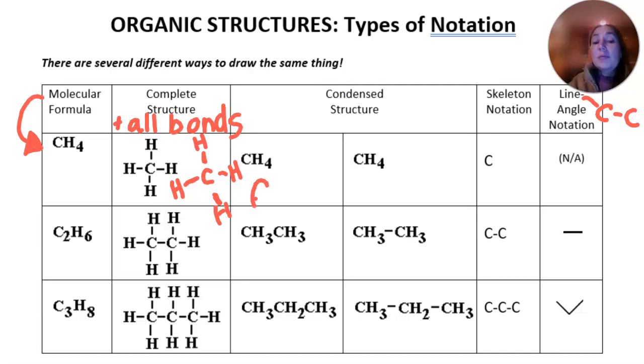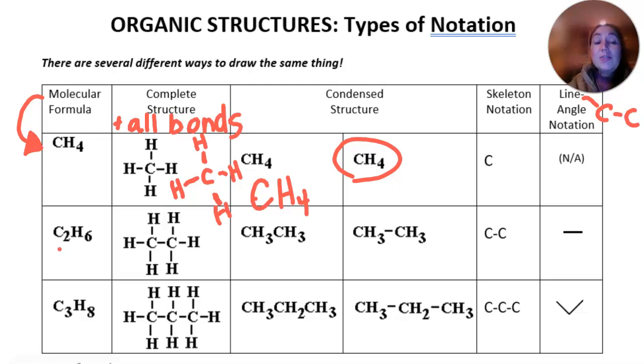When we go to condense it, we can just write out CH4. The condensed happens to be the same as the molecular here. And then a skeleton notation for this would be just 1 carbon, so we wouldn't really do that per se. We'd usually write out at least CH4. And it doesn't really have a line angle for just methane.